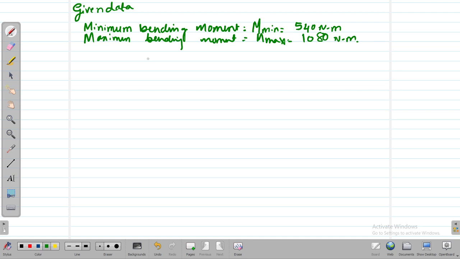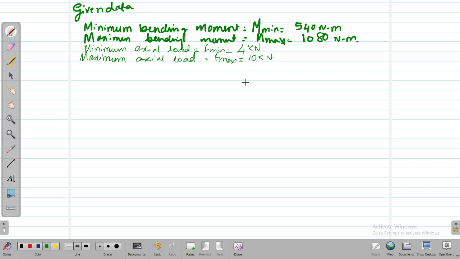Next, the minimum axial load, F minimum, this is 4 kilonewton, and the maximum axial load F max equal to 10 kilonewton.